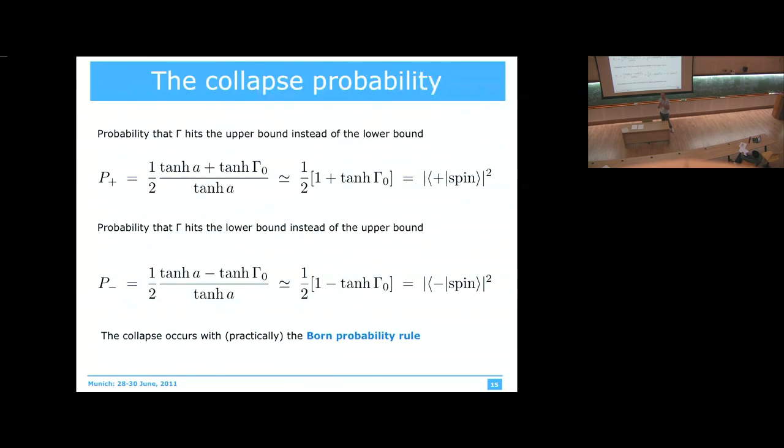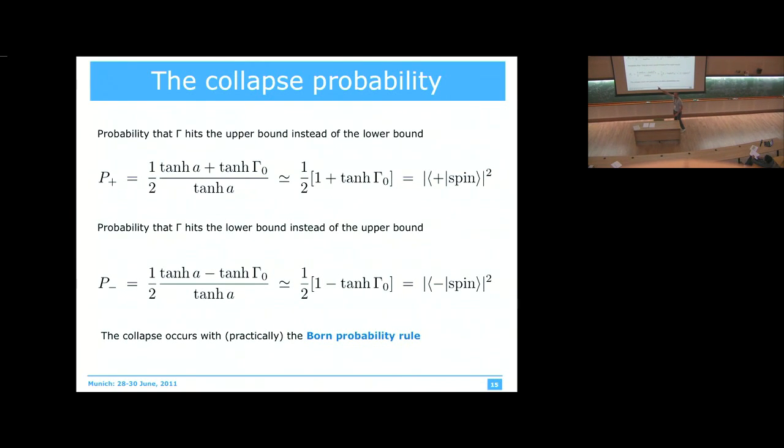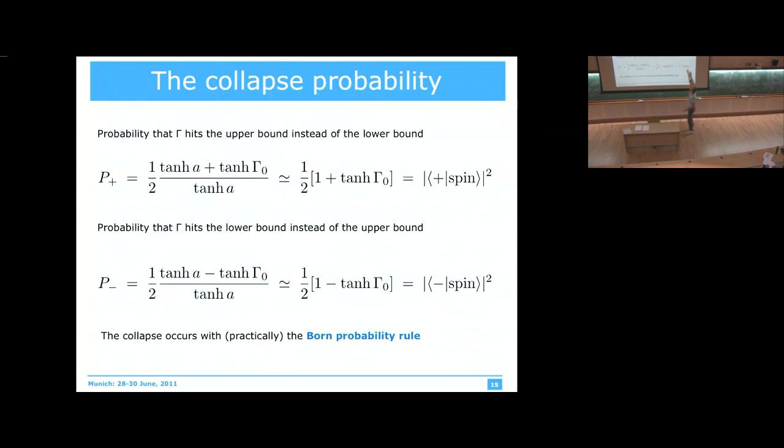Here, the collapse occurs on the pointer. However, you can prove that the probability for gamma to go to plus infinity is the Born rule, the projection of the initial state on the plus state, square modulus, almost, with very great accuracy.